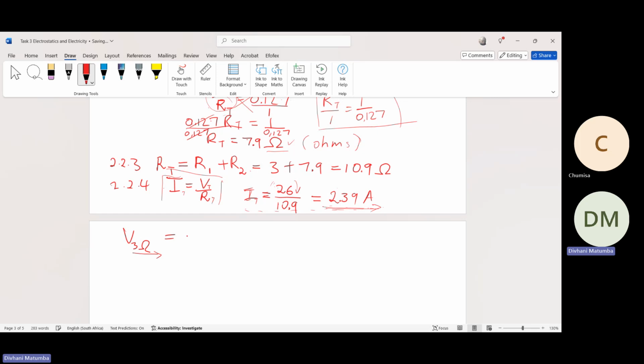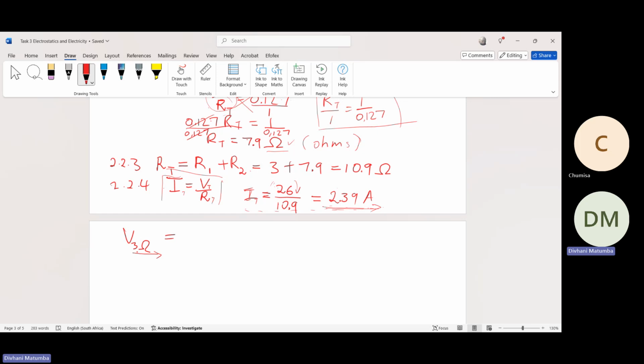Do you agree? Yes, sir. Because if you're dealing with a series circuit, if you go back to your notes, you will see that the current is the same throughout. I think we're on the same page.